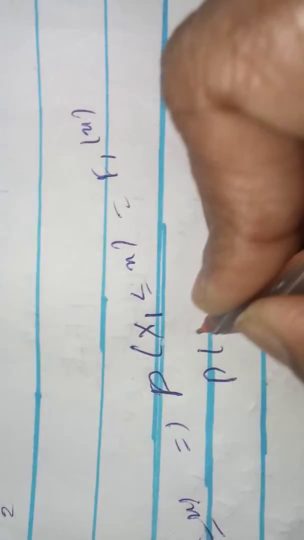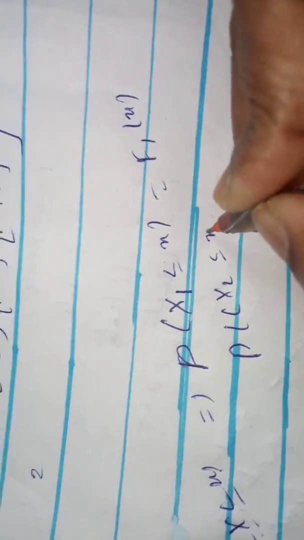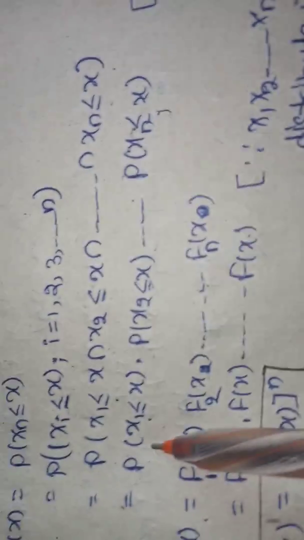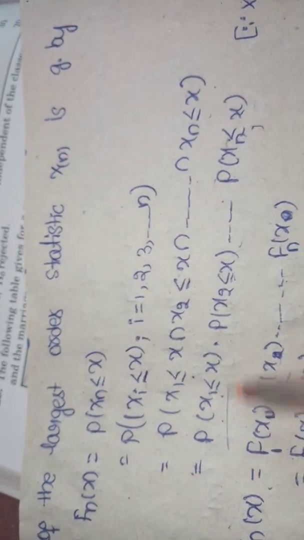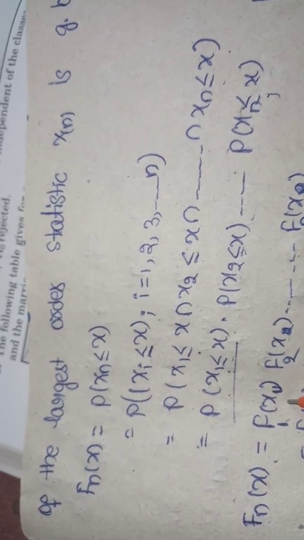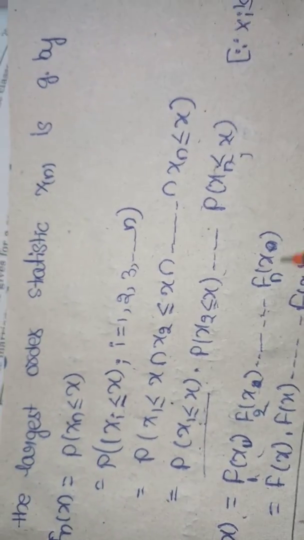So P of X1 less than or equal to x we can write as F1 of x. Similarly P of X2 less than or equal to x is F2 of x, and so on F_n of x.